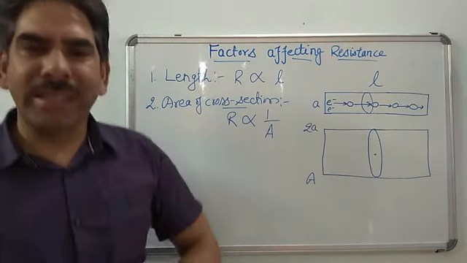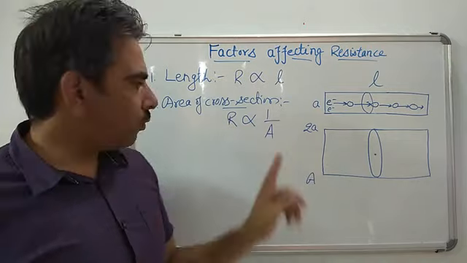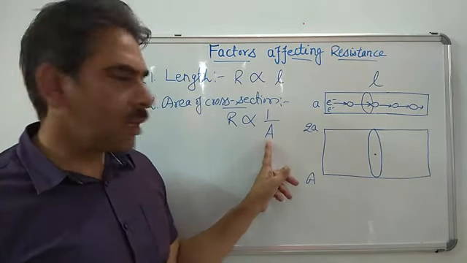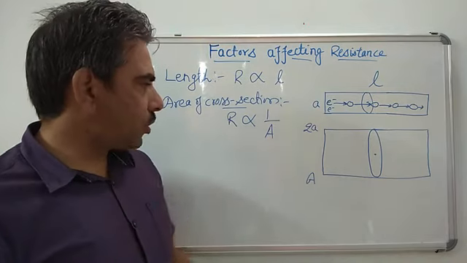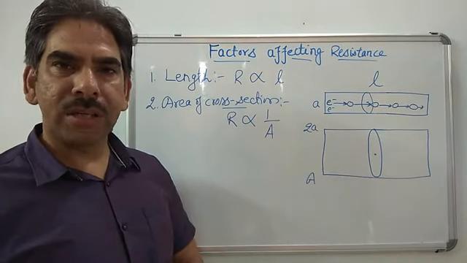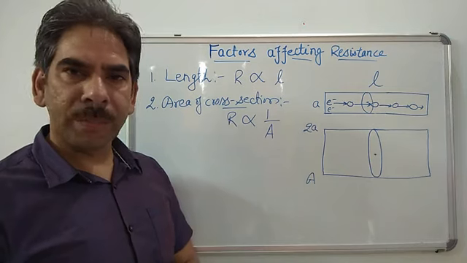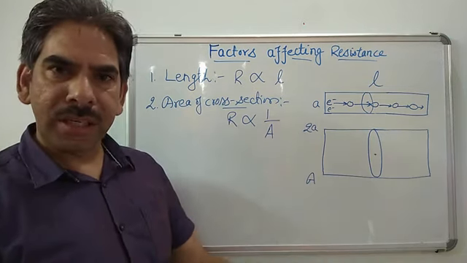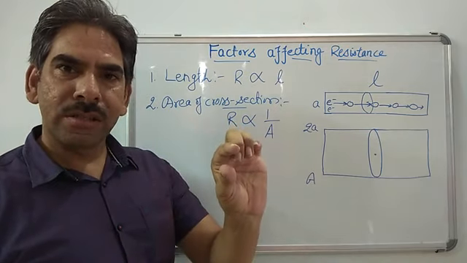So if we want the resistance of the wire to be minimum, we have to keep its area as large as possible, right? So we can compare this situation with daily life examples. Just like in case of electric room heaters, the wire of the room heater which is used from the plug to the heater is quite thick, right?